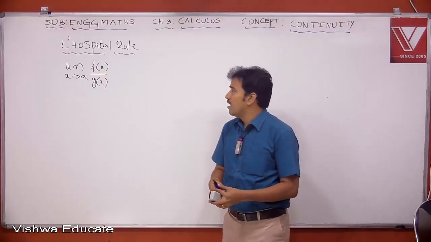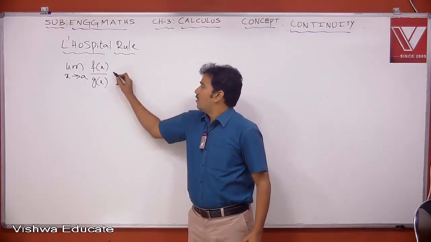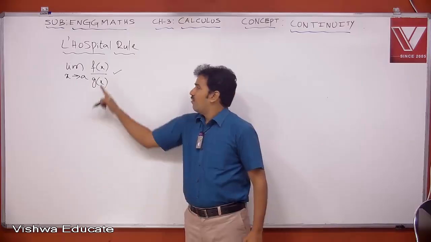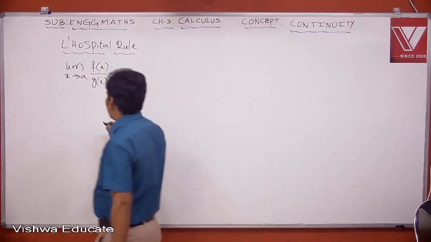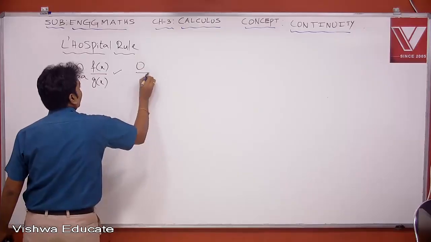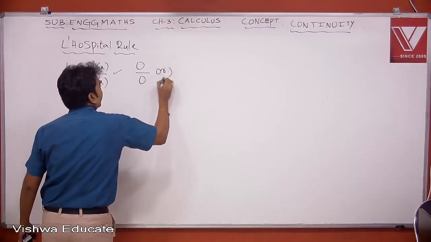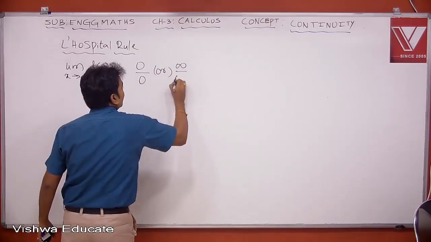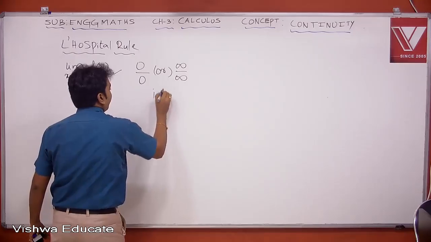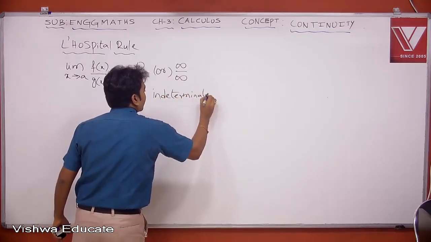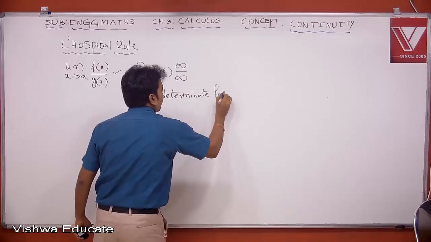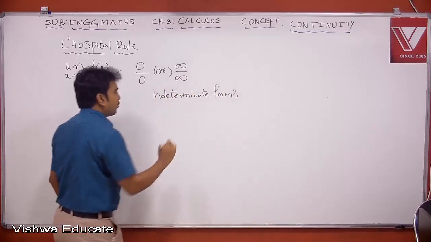So what we do is, when you are finding the limit of the ratio of two functions, replace x by this value a. If this limit takes either 0 by 0 or infinity by infinity form, both are called indeterminate forms. Indeterminate means we cannot determine these values.